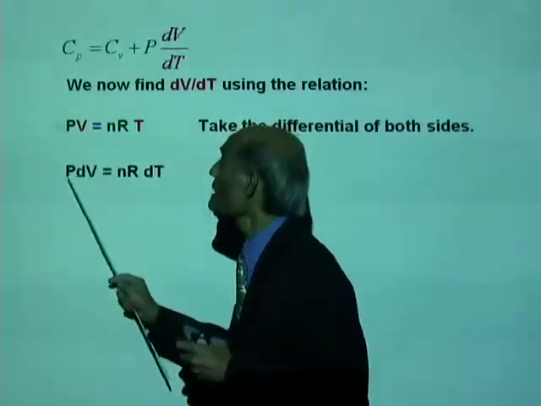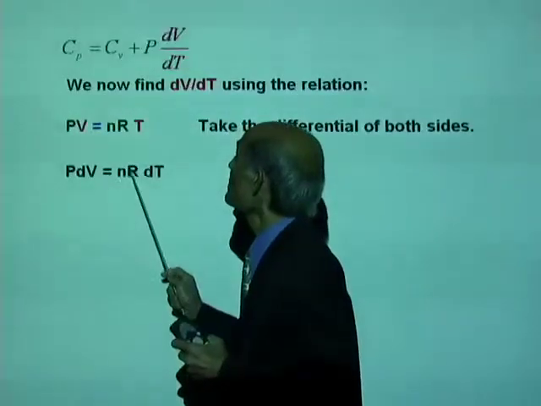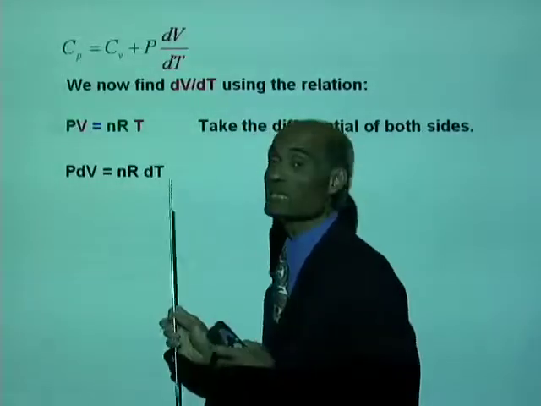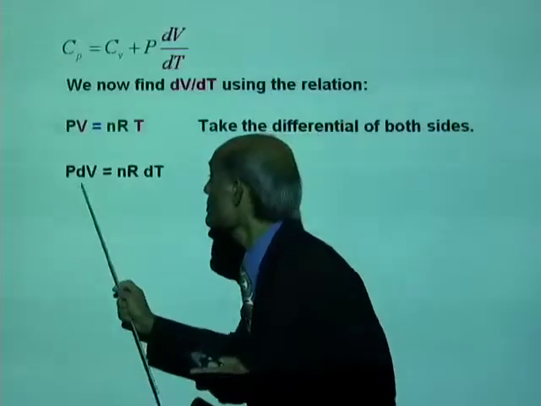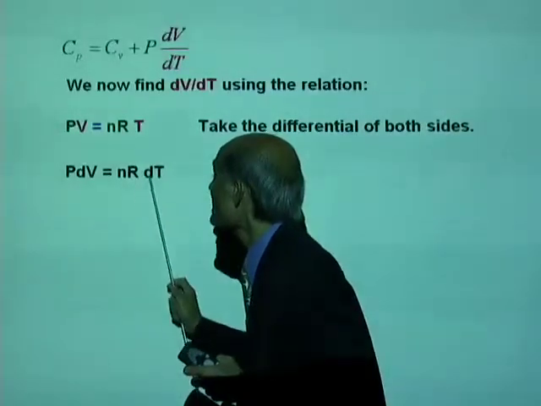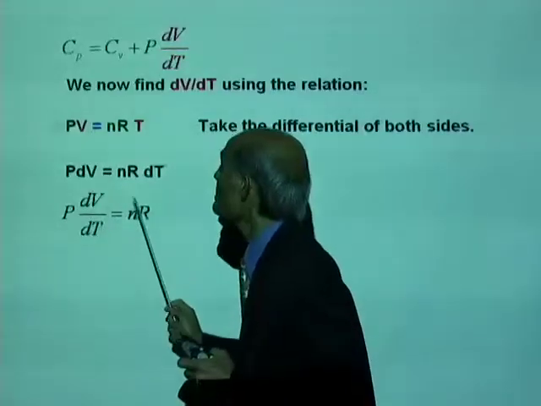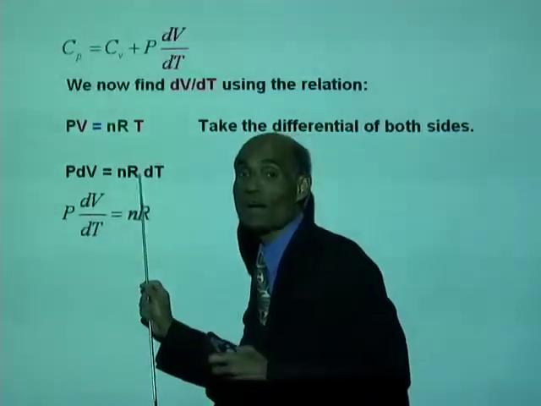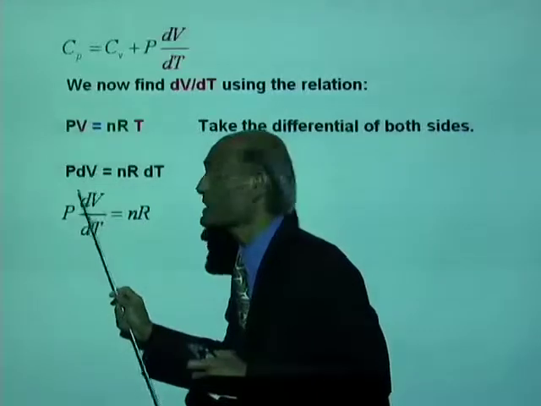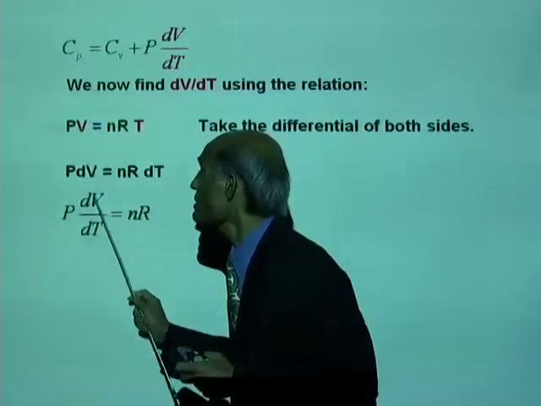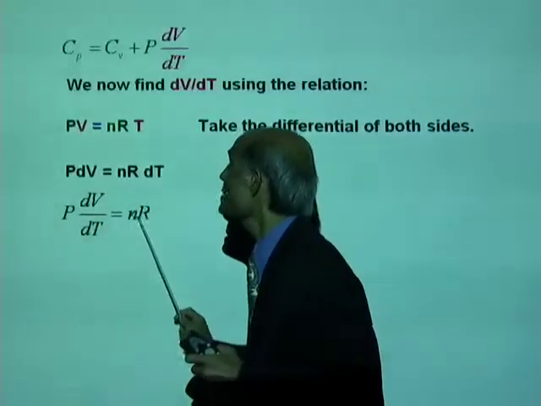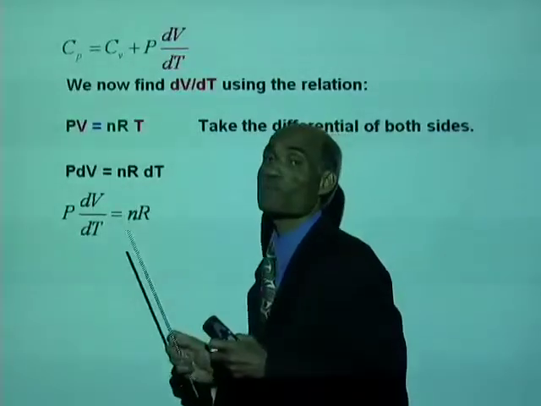There you are. PdV equals nR times dT. And now if you divide both sides by dT, I can now produce PdV by dT. Divide both sides by dT, we get P dV over dT equals nR.